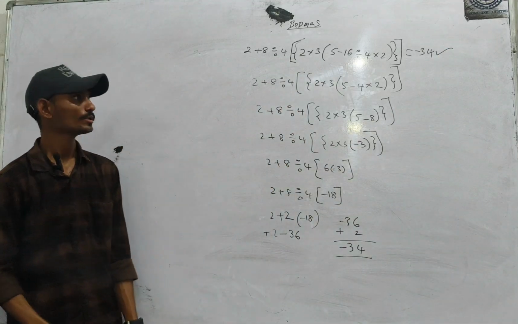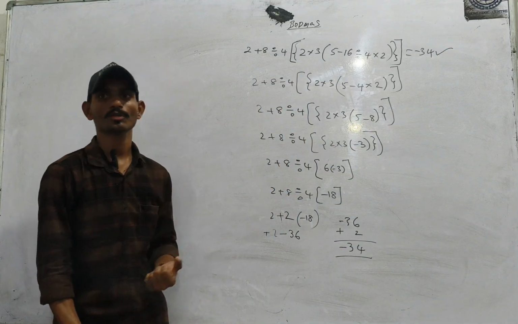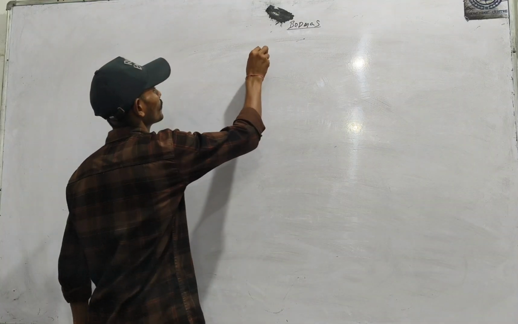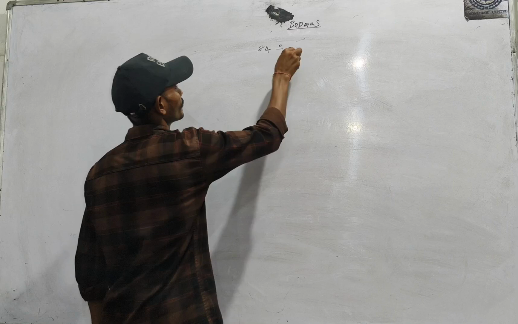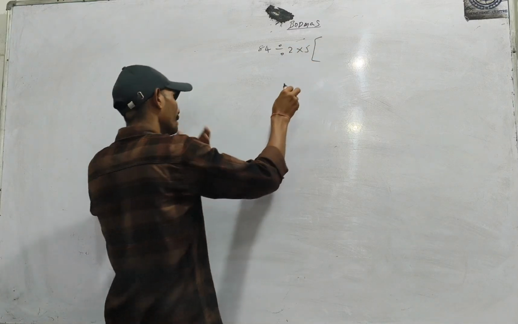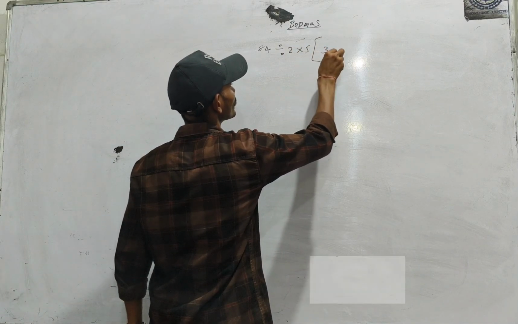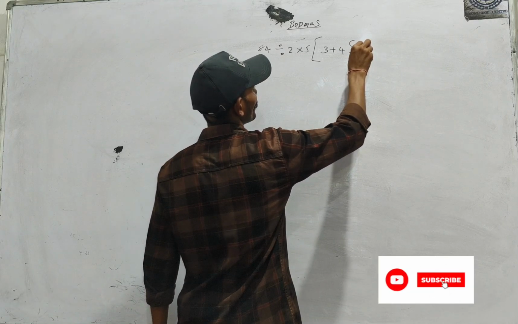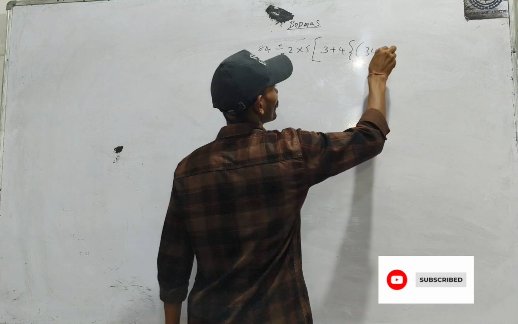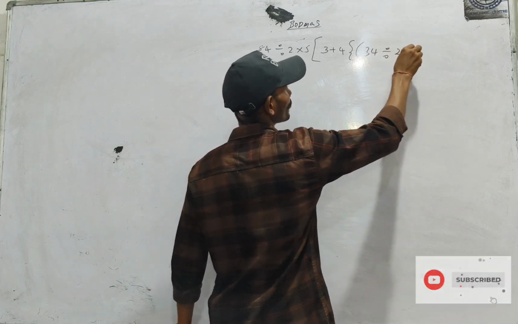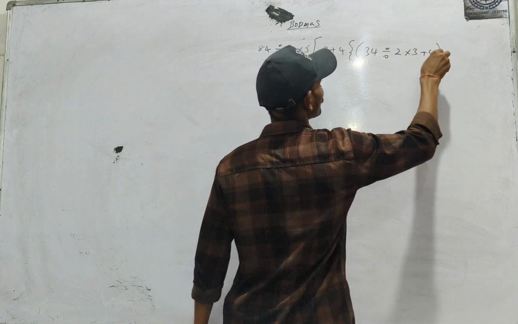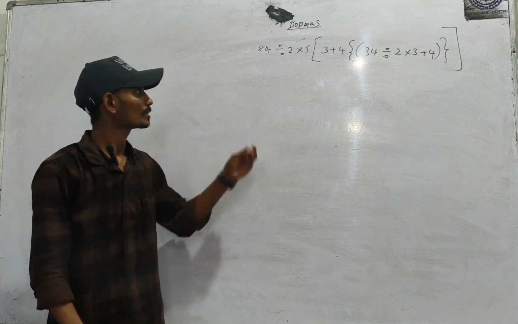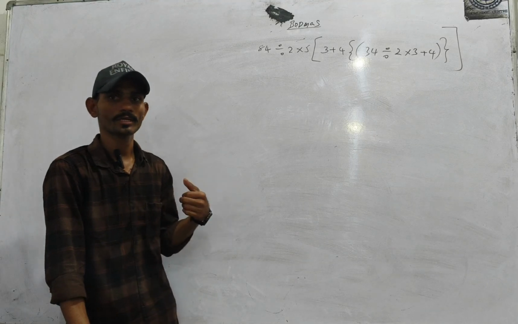Minus 34. Now I am going to provide one example. You solve it in this same way and write the answer in the comment. Solve this problem and put the answer in the comment.